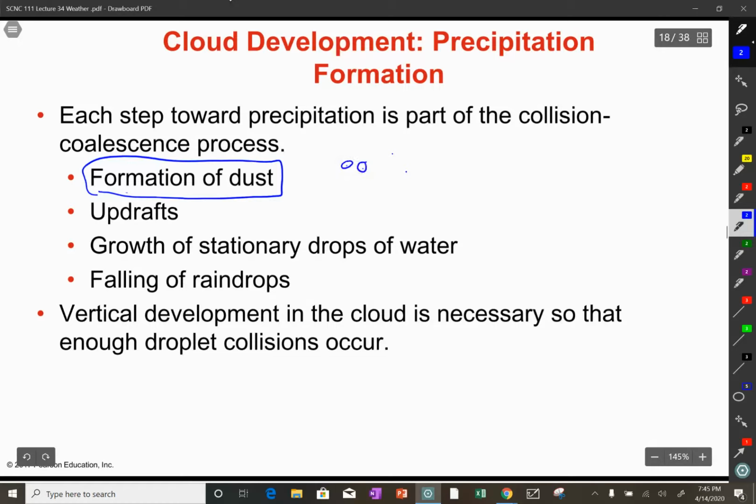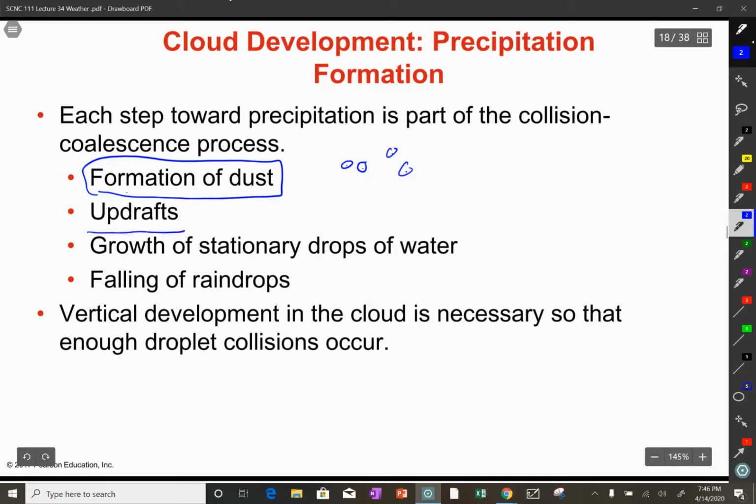And so those little dust particles then will be the basis for starting water droplets. So those help us to form water droplets at a lower temperature. If we didn't have any of those little dust particles in the air, then we would actually get up above 100% humidity. That is more moisture than the air can hold before we would form water droplets, and then we would have a very dramatic formation.